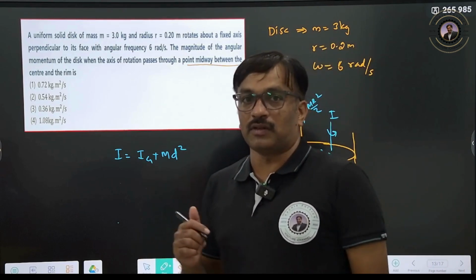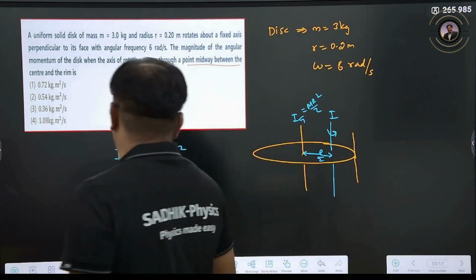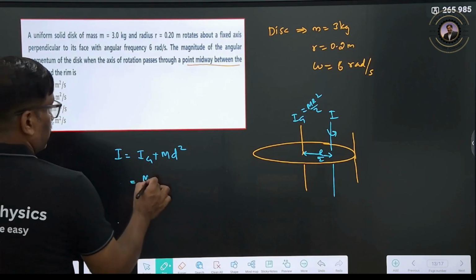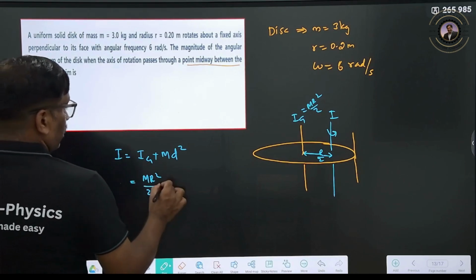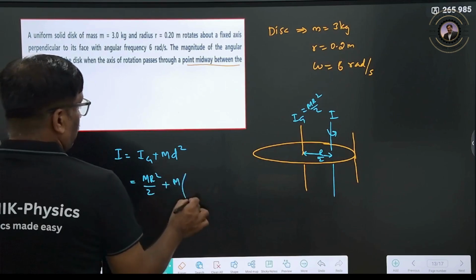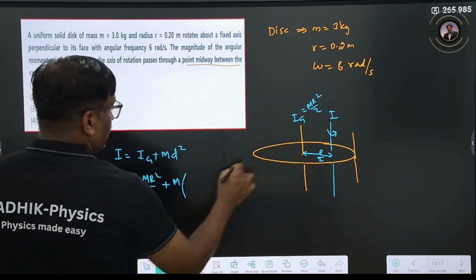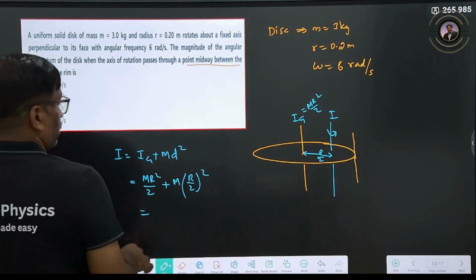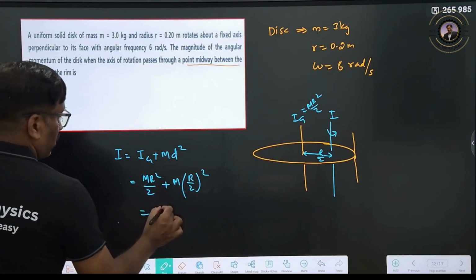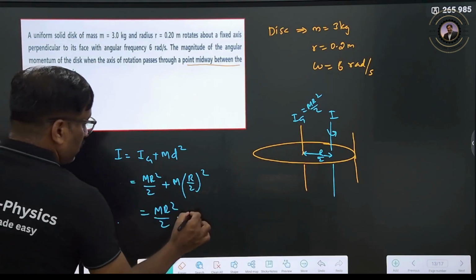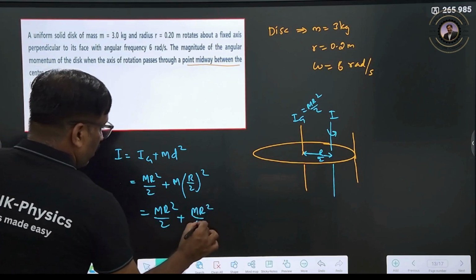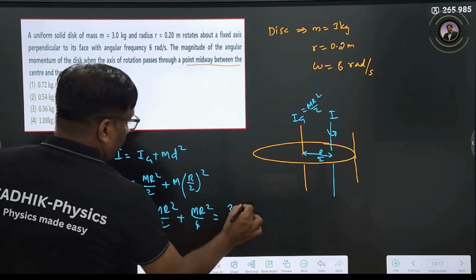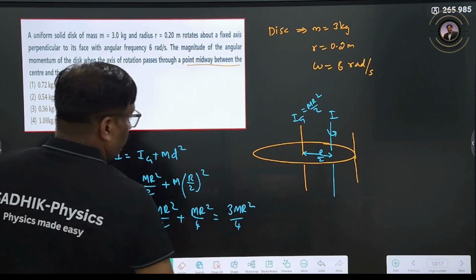So I is mr square by 2 plus m into d square, where d is r by 2 whole square, which is mr square by 4. So mr square by 2 plus mr square by 4 gives 3 mr square by 4. This is your moment of inertia.